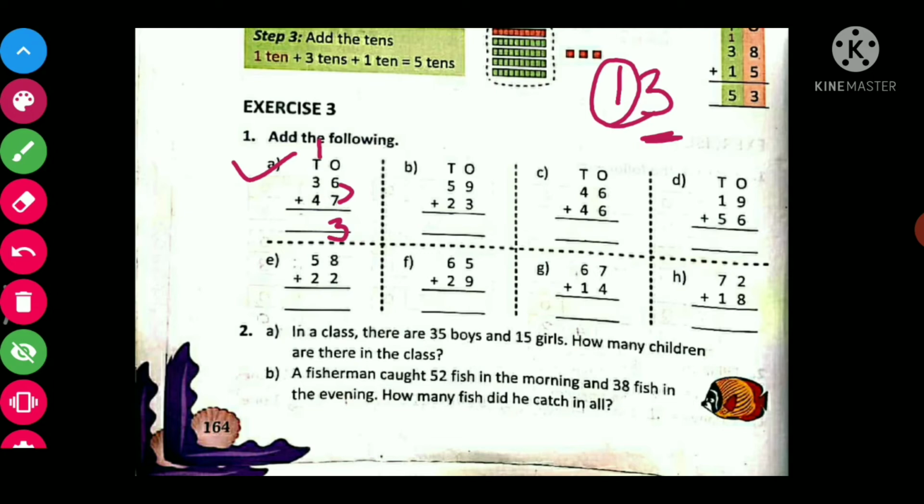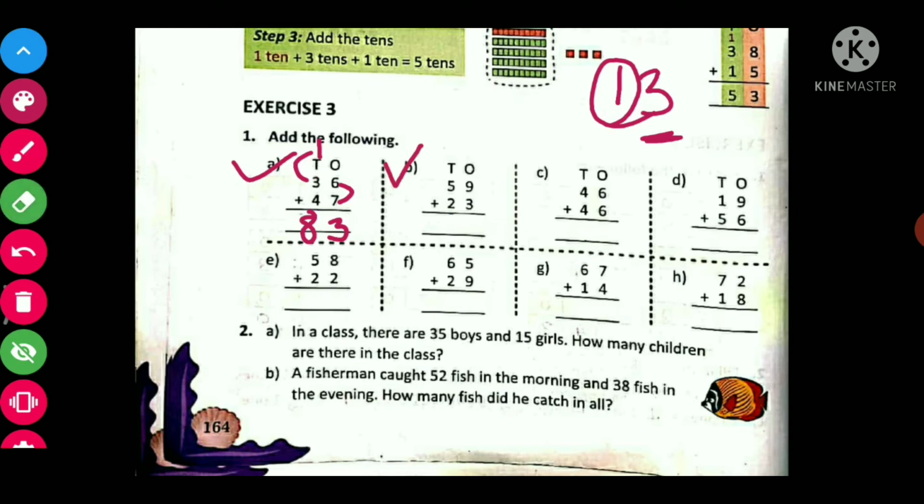So now 1 plus 3, it will be how much? 4. 4 plus 4, it will be 8, right? So our number will be what? 83. Okay, let's do the next one, B part.